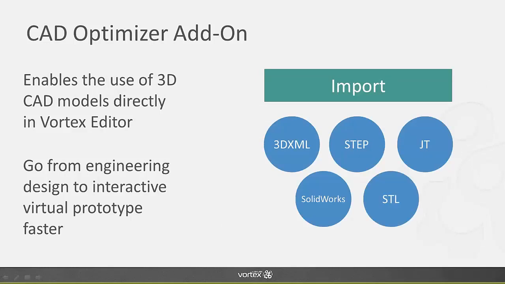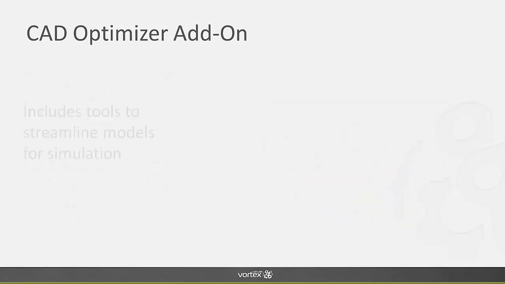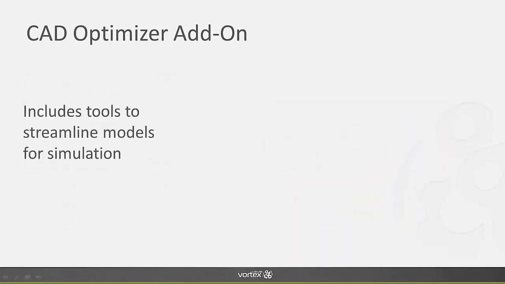We support with the Vortex CAD Optimizer Add-on 3D XML files, STEP, JT, SolidWorks, and STL CAD assets. So all of these can be imported directly into the editor. And then you can take the model and simplify it, streamline it, and make it ready for simulation. Those who are familiar with engineering-grade CAD models will probably know that they often have more details included into it than are necessary for accurate real-time simulation.